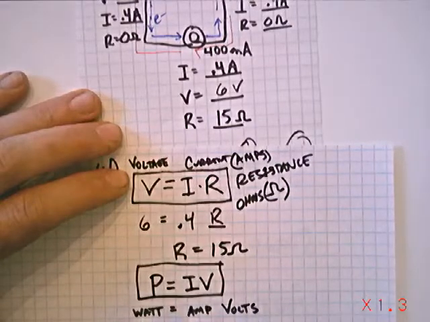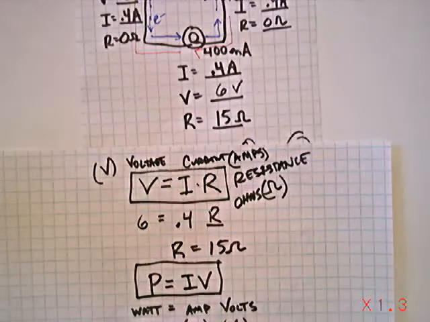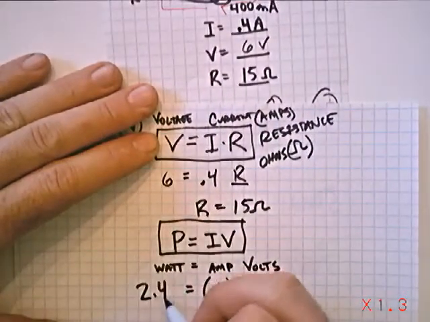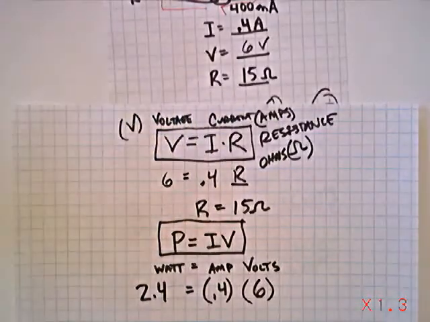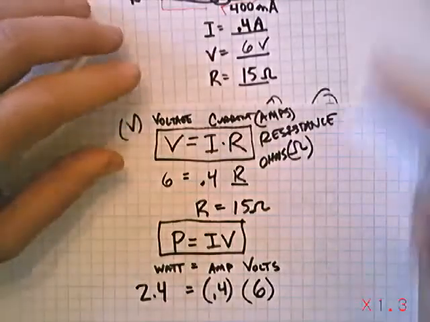So for this light bulb, if I put in my volts, 6, and my amps, 0.4, I can get the wattage. So 2.4 would be the wattage of the light bulb. The wattage created by the battery would be 2.4, and the wattage dissipated by the light bulb would also be 2.4. Now, the higher the wattage is, the brighter the bulb would glow.